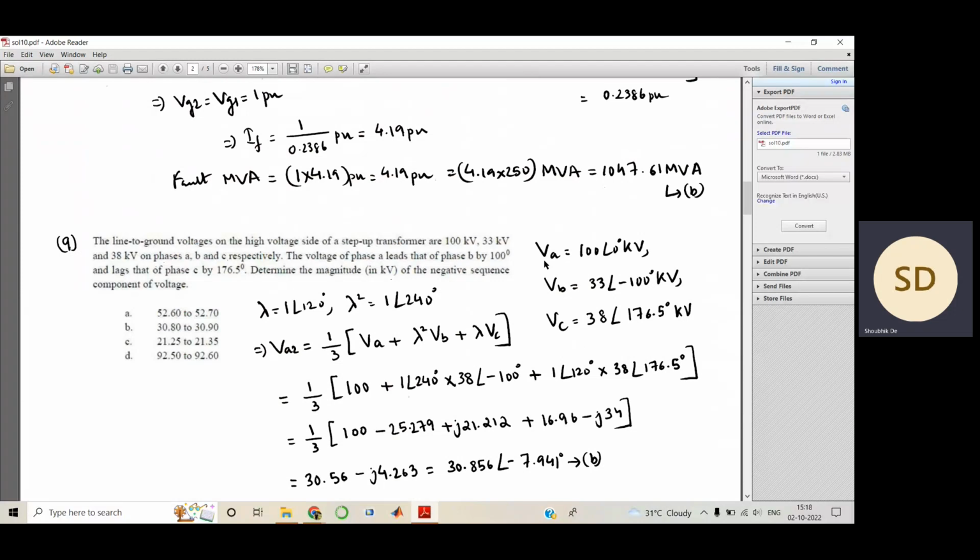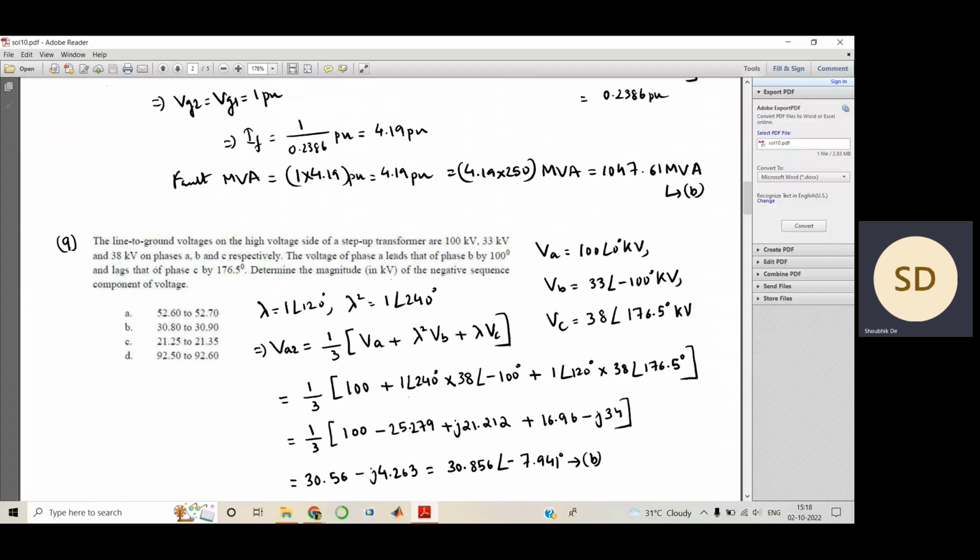When you read this statement, you can write the different phase values, which I have done here. So phase A is 100 at an angle of 0 kV.